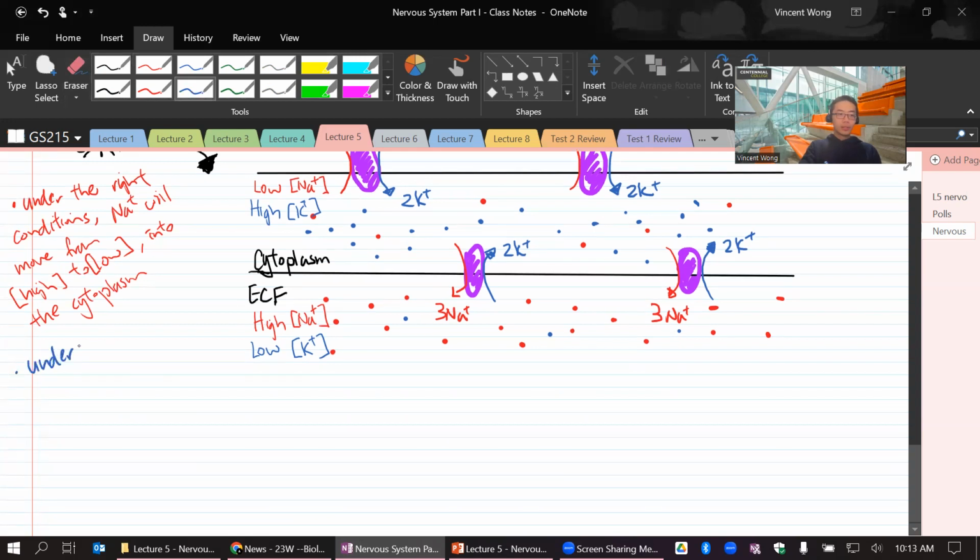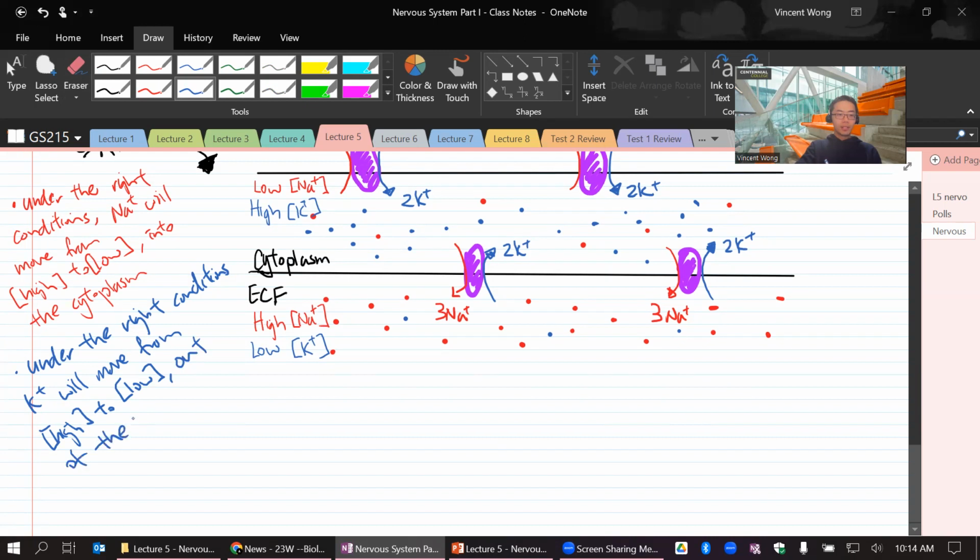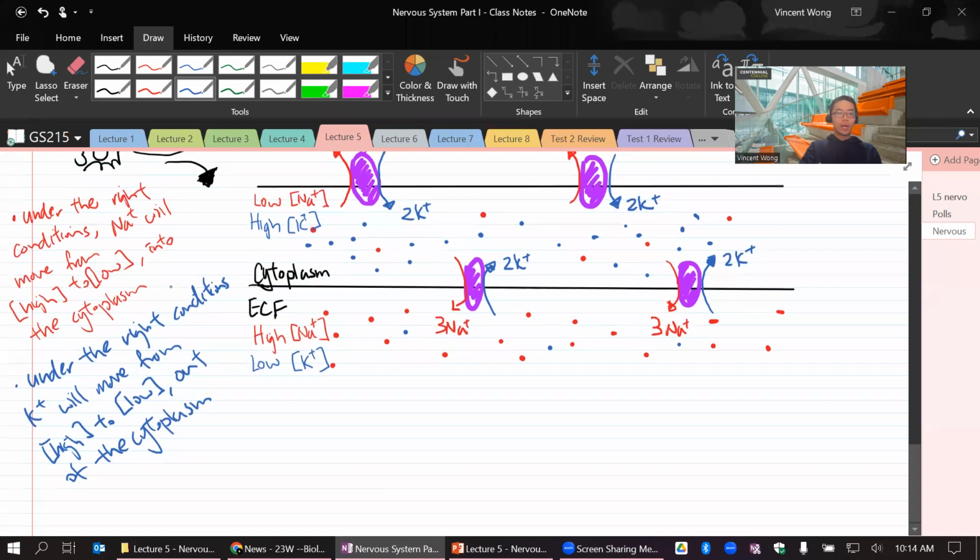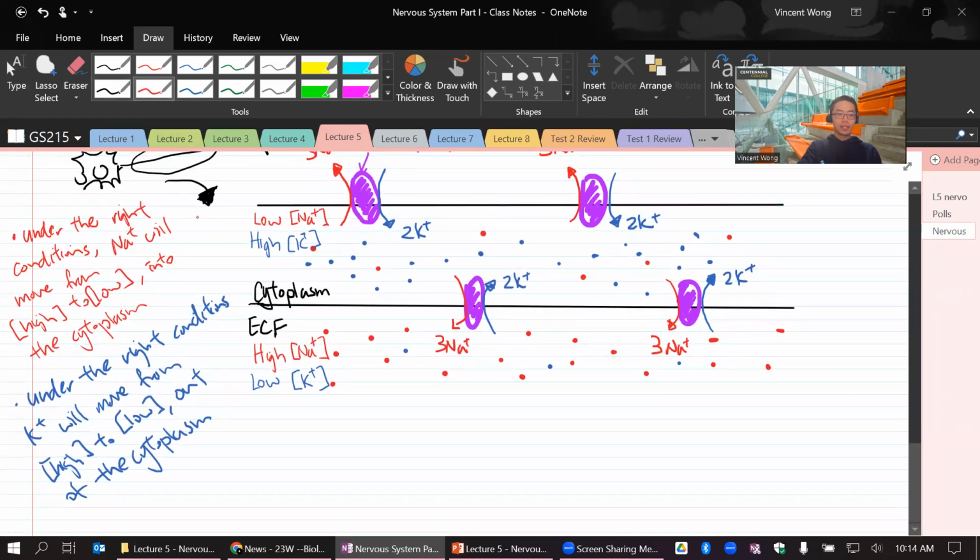So again, under the right condition, K+ will move from high concentration to low concentration out of the cytoplasm. Min asks if this is diffusion. Not quite, and you will know why soon. Just hang on to that thought for a second.